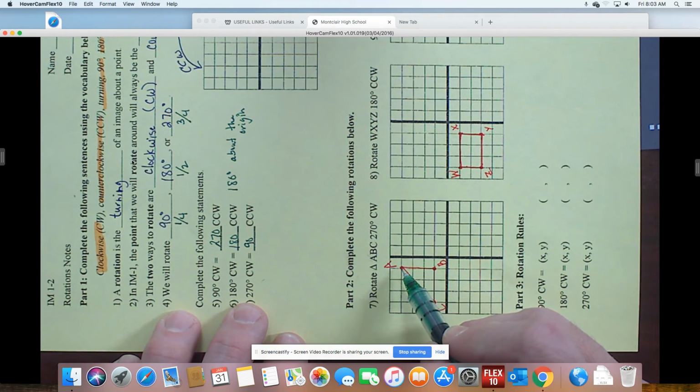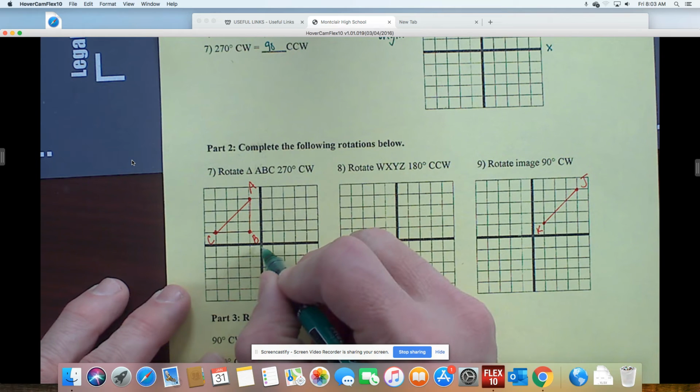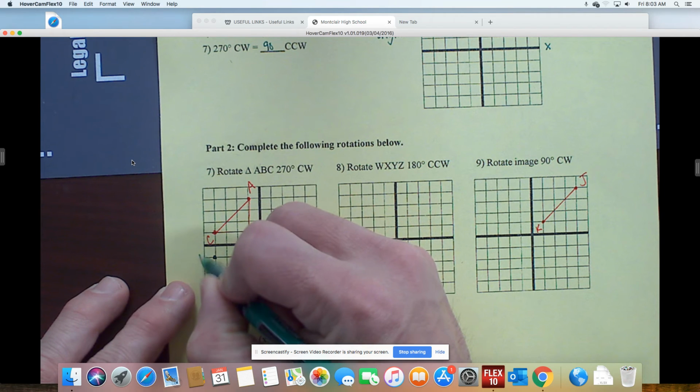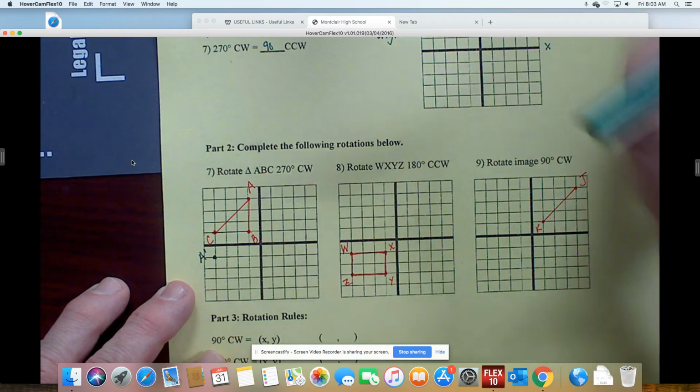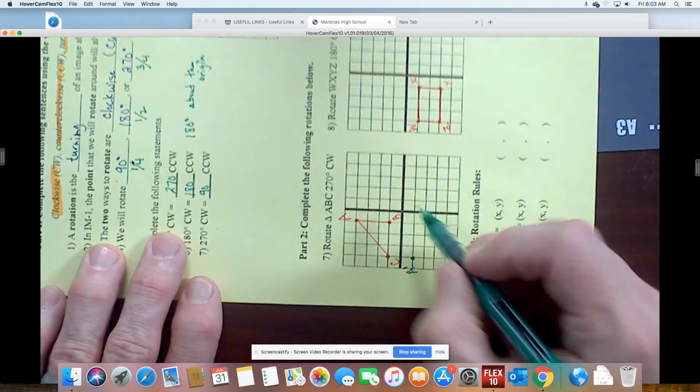And now what I want to do is, in my head, I want to identify what the coordinates of these points are. So A prime is going to be -4, -1. If I go back to my original, -4, 1, 2, 3, 4, -1, this is going to be A prime. Again, 270 clockwise is the same as 90 counterclockwise, so I'm going to go a little bit quicker.